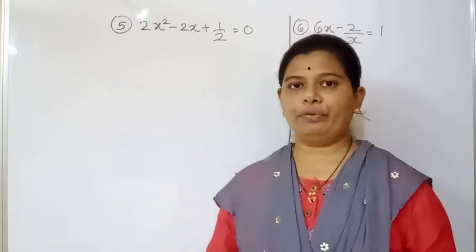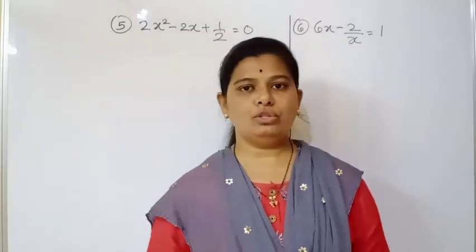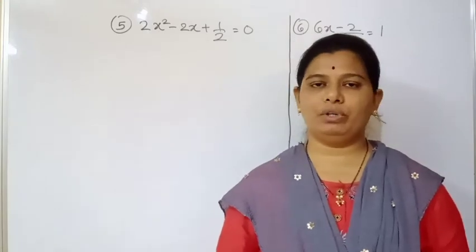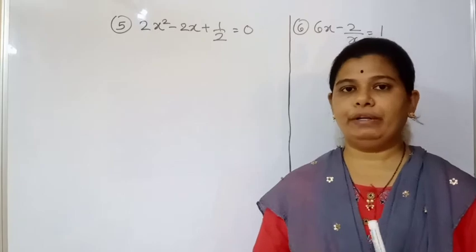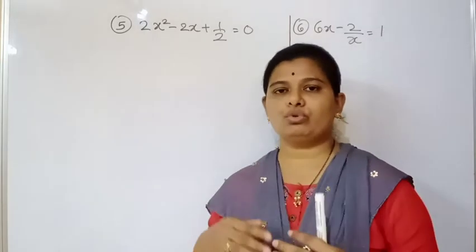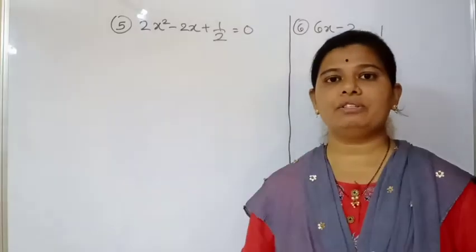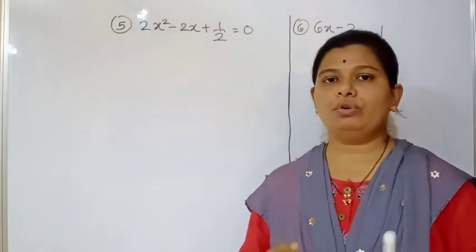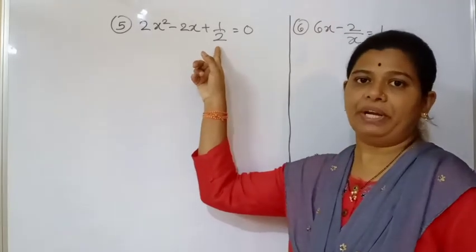Now we'll solve the fifth example, that is 2x square minus 2x plus 1 upon 2 equal to 0. Now this example is also a little bit different. Why a little bit different? Actually we have to solve this by the same method, but here we are able to see that there is a denominator 2. So the first thing we have to do is remove this denominator 2.